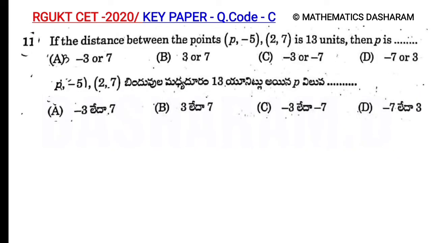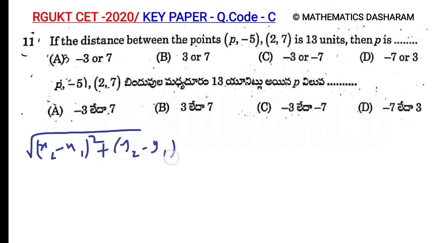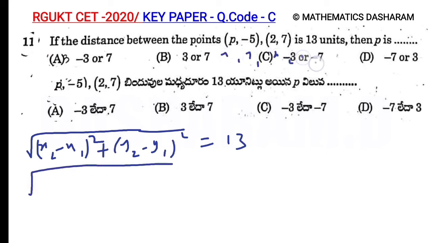11th problem: if the distance between the points P(-5, 2) and (7) is 13 units, then what is the P value? The distance formula is the square root of (x2 minus x1) whole square plus (y2 minus y1) whole square, which equals 13 units. Let's substitute x1, y1, x2, y2.